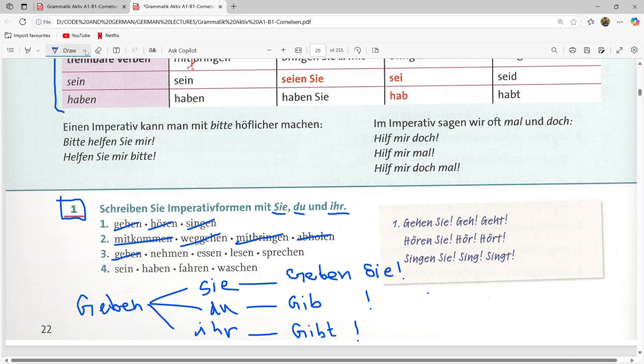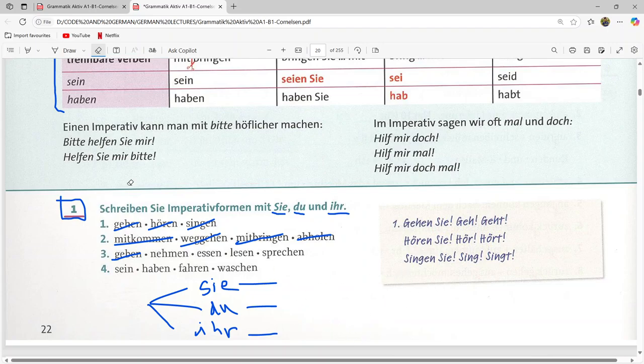Next verb, nehmen. So let's do it. The verb is nehmen. So nehmen Sie, verb is same, just add Sie at the end.